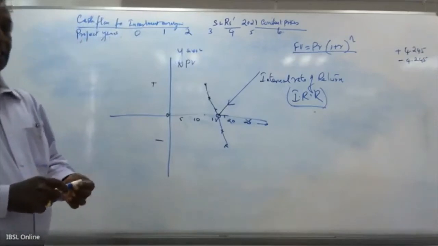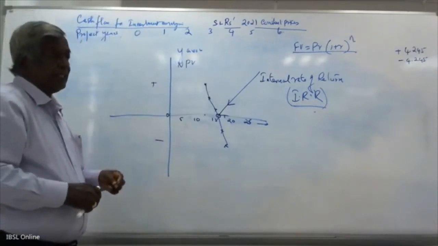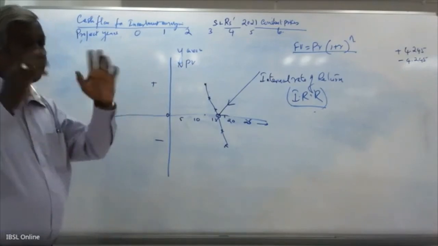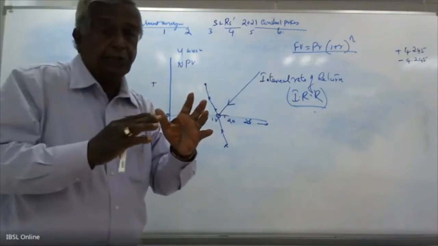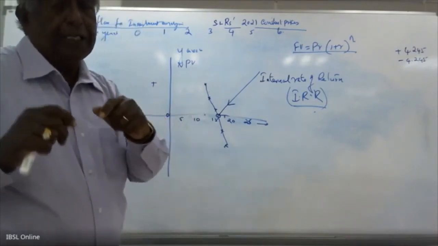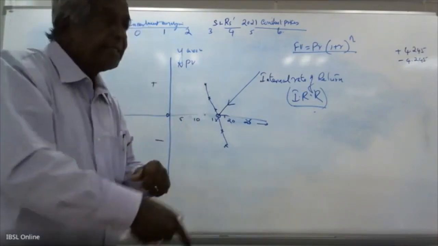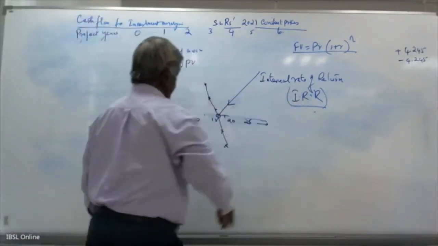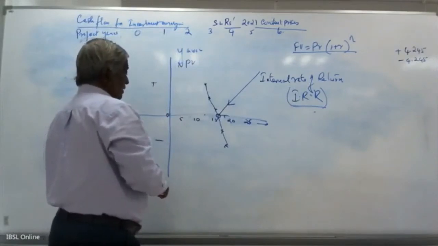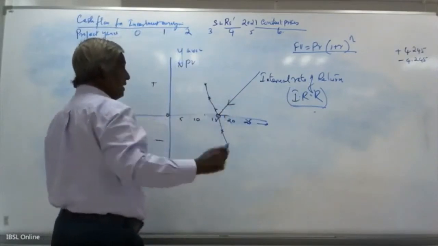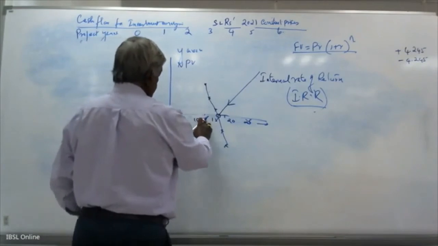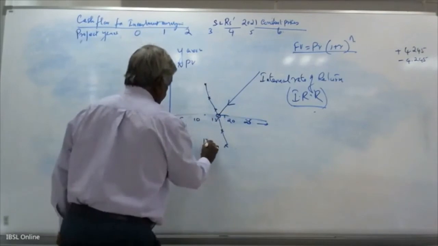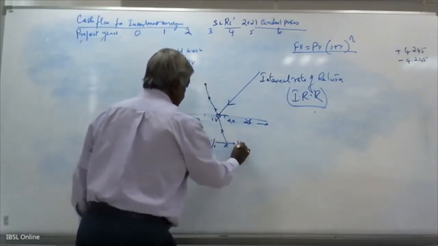So the meaning of IRR: when the net present value is 0 for a particular discounting rate, that discounting rate is called the internal rate of return. The internal rate of return in this example is between 13% and 18%.